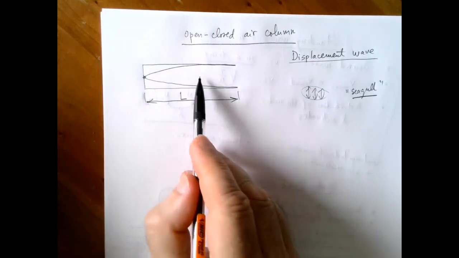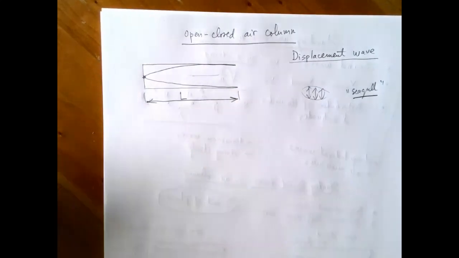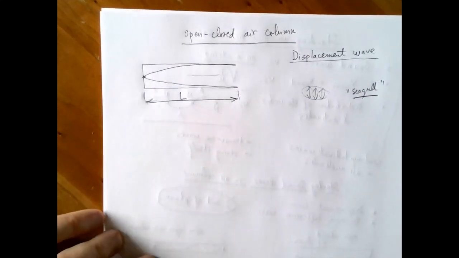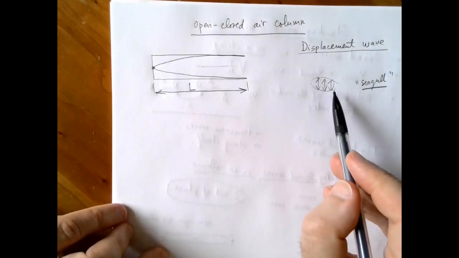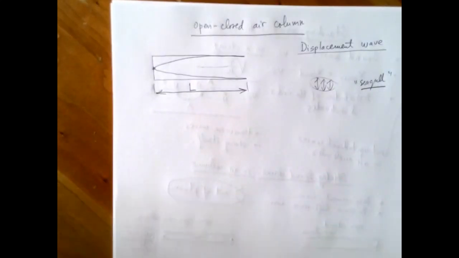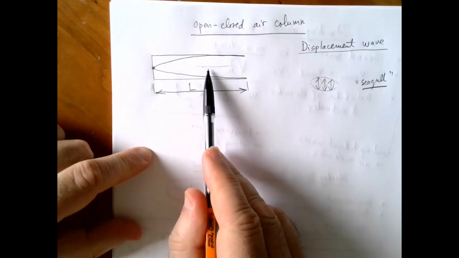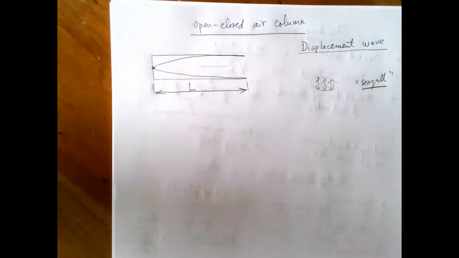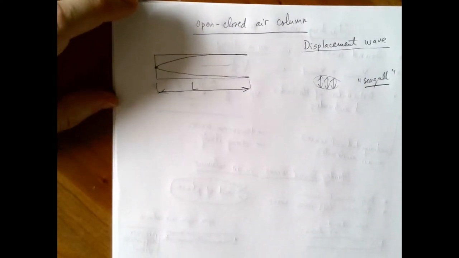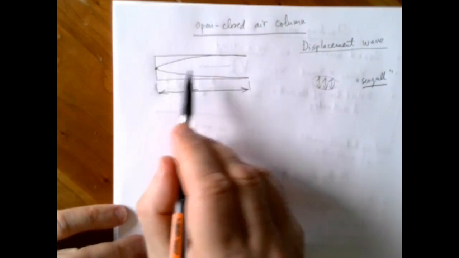The air molecules vibrate left and right. Remember, sound wave is a longitudinal wave. So for a string, this picture was literally the string, while for a sound wave, this is not literally the air. The air oscillates left and right.